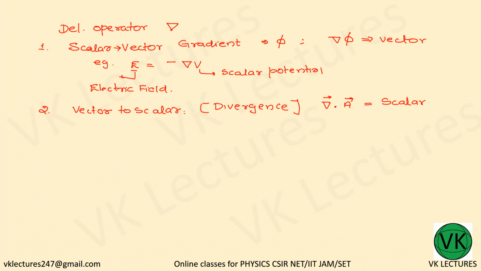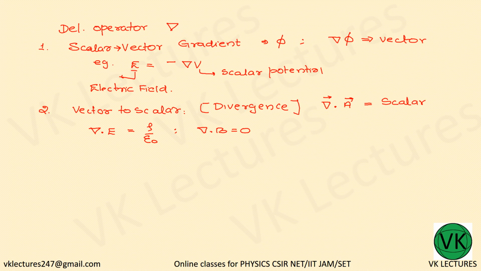Now del dot E. This is one good example where you can write del dot E, that is the Coulomb's law, Gauss law in divergent form. So it's rho by epsilon naught. Or in magnetostatics, you can write del dot B equal to 0.